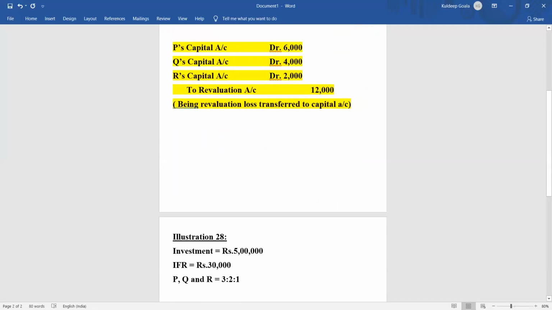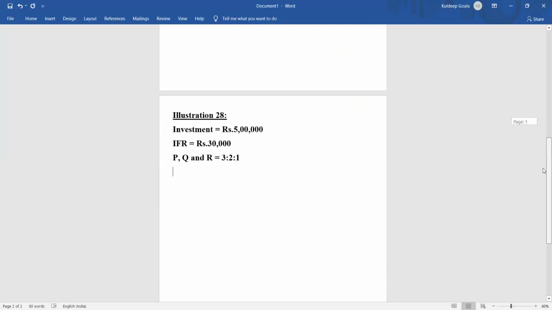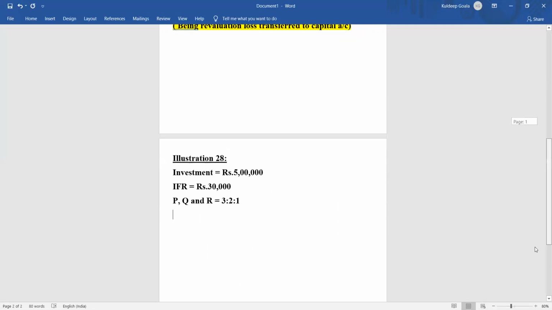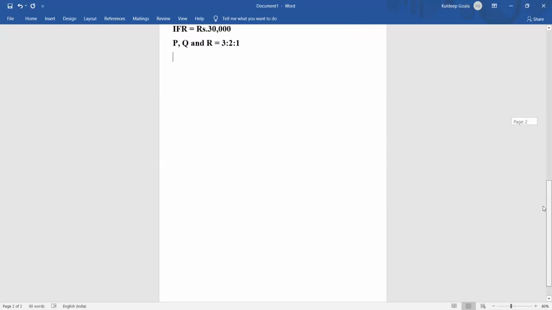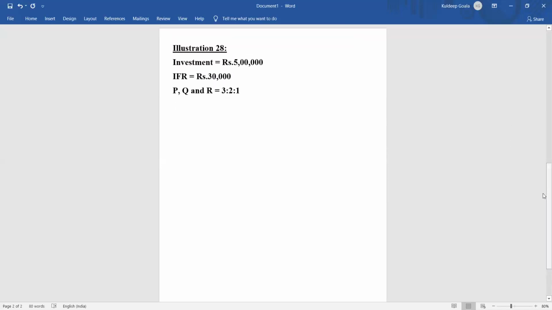Now after that, what will happen? Try to understand this. This was the general situation in front of us. Now we will see what happened in case number 4 and 5.